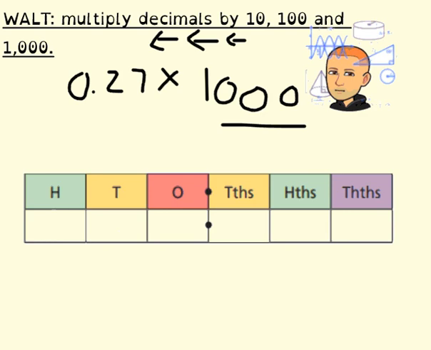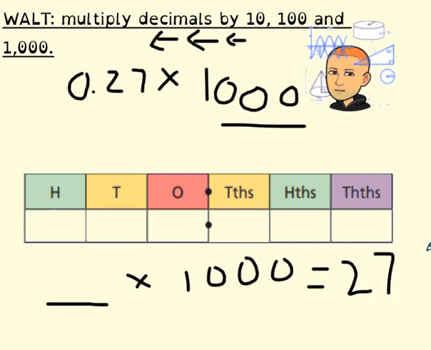Well, let's use this example here, written in a slightly different way. So it could be something like something times 1000 equals 270. Or it might be something, probably more something like 0.27.